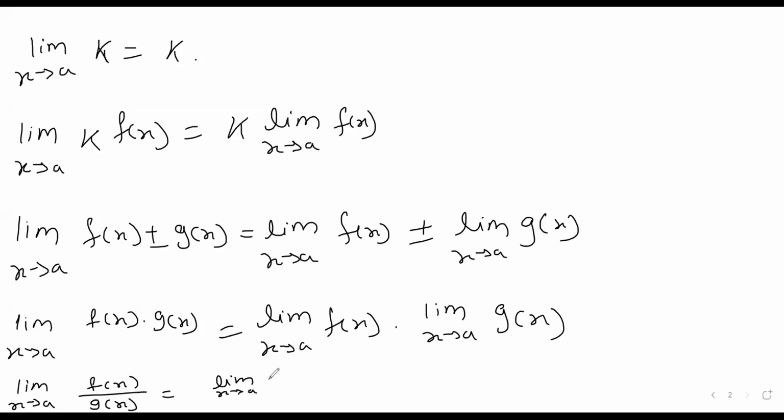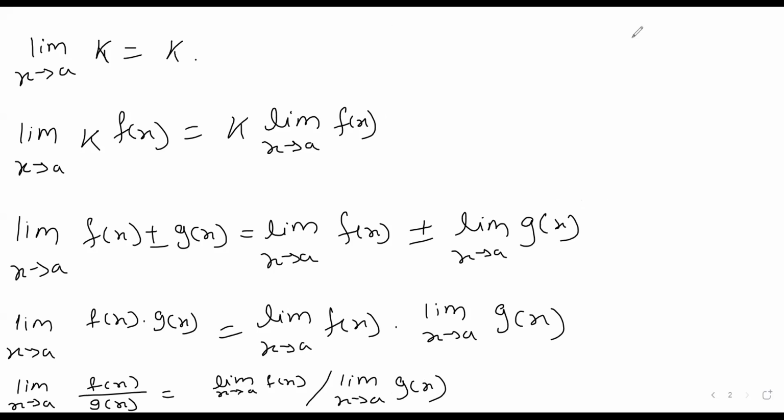It is limit x tends to a f of x, I'll write down here, upon limit x tends to a g of x. Simply जो भी फंक्शन हो बस लिमिट उसको अप्लाई करेगा, बाकी कुछ भी नहीं.